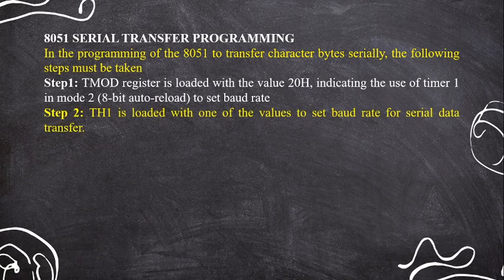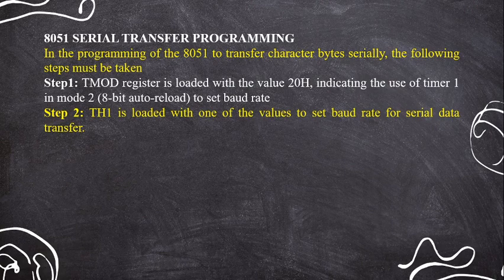Next, you need to load the baud rate. As we discussed previously, the normal baud rate being used is 9600. And the equivalent value, I did say that you need to remember those values, is -3 or FD. That value of -3 or FD is loaded in the TH1 register.